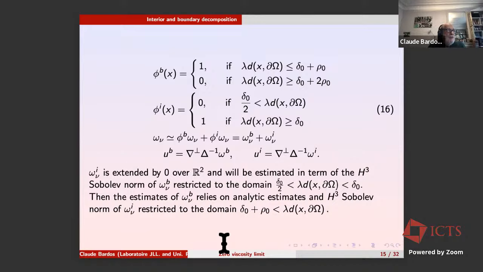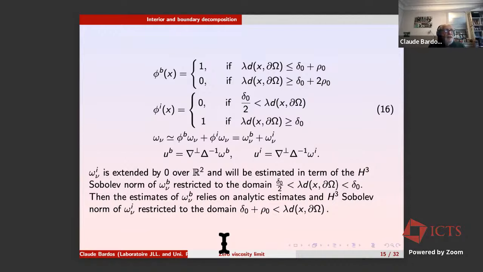Also important is that near the boundary phi_b is equal to 1, so there will be no modification on the Maekawa boundary condition.